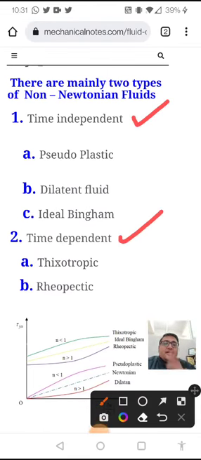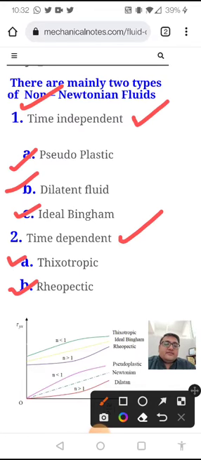Under time independent, there are three categories of fluid: pseudoplastic, dilatant fluid, and the third one is ideal Bingham fluid. And the fluids which are time dependent are thixotropic and rheotropic. So these are the subcategories of non-Newtonian fluid.